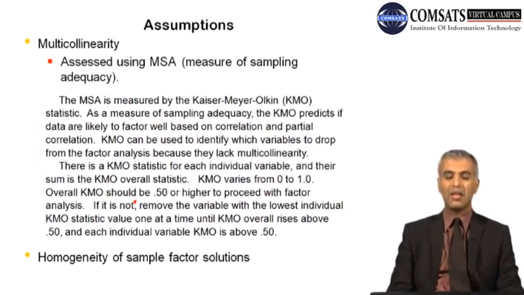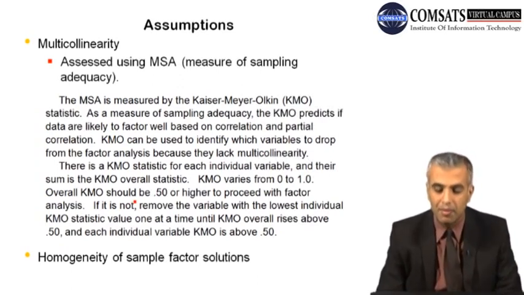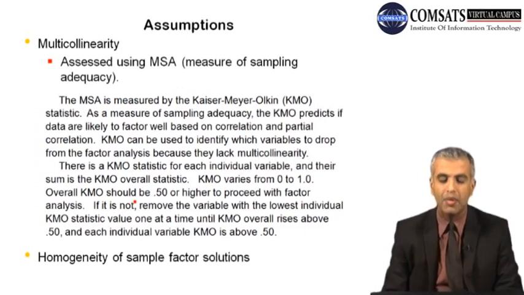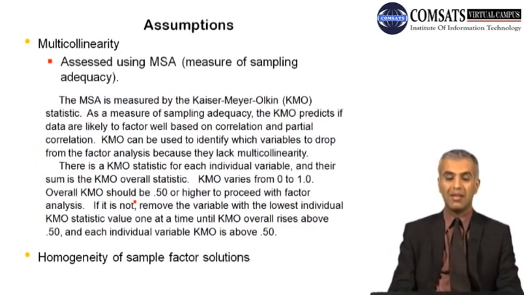Here MSA is just a tool used to assess how much multicollinearity is lying in the data. This MSA is measured by a specific statistic termed the Kaiser-Meyer-Olkin statistic, or in short, KMO. KMO is used to assess the measure of sampling adequacy, and it predicts whether the factors are based on correlation or on partial correlation.